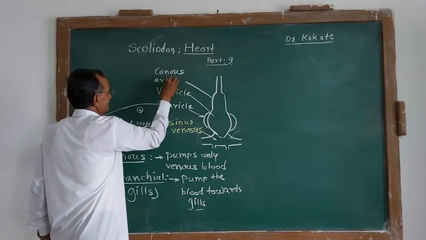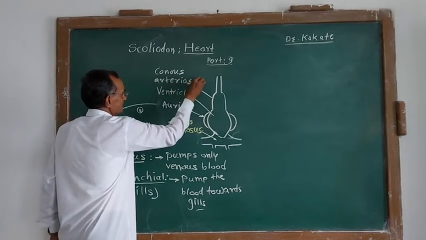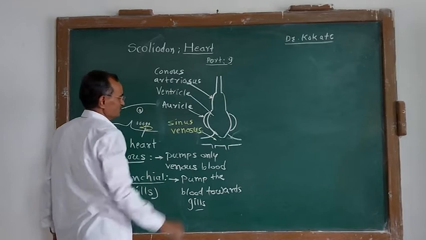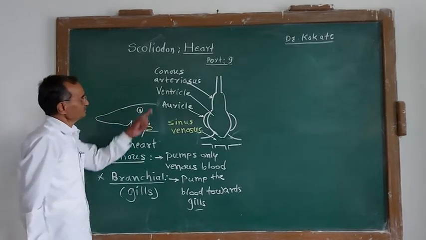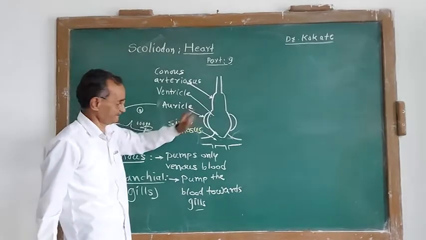All these are Latin words. So this chamber is called the conus arteriosus because it is conical in shape.